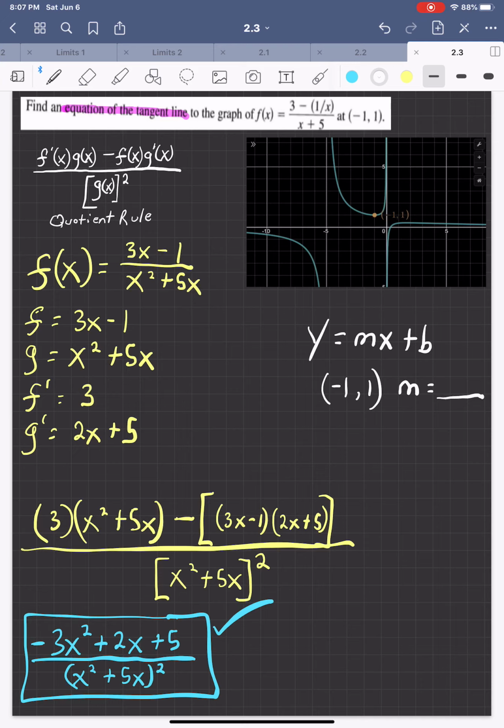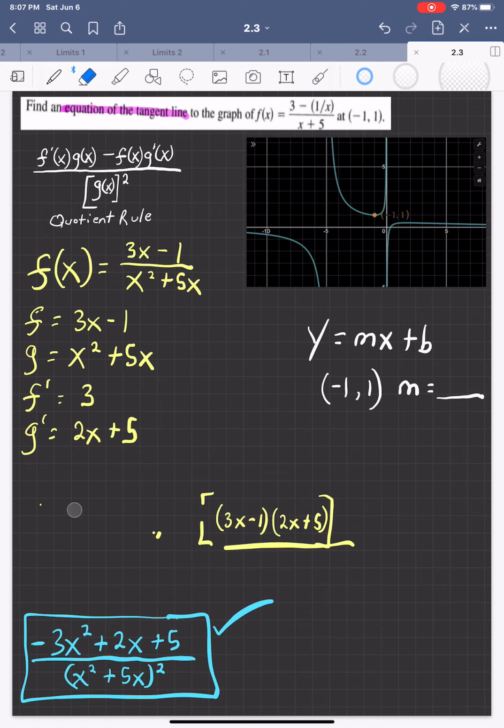So let's start there. Does it make sense? I'm going to have to free up some space here, so I'm going to erase this right here, and then move my derivative up a little bit.